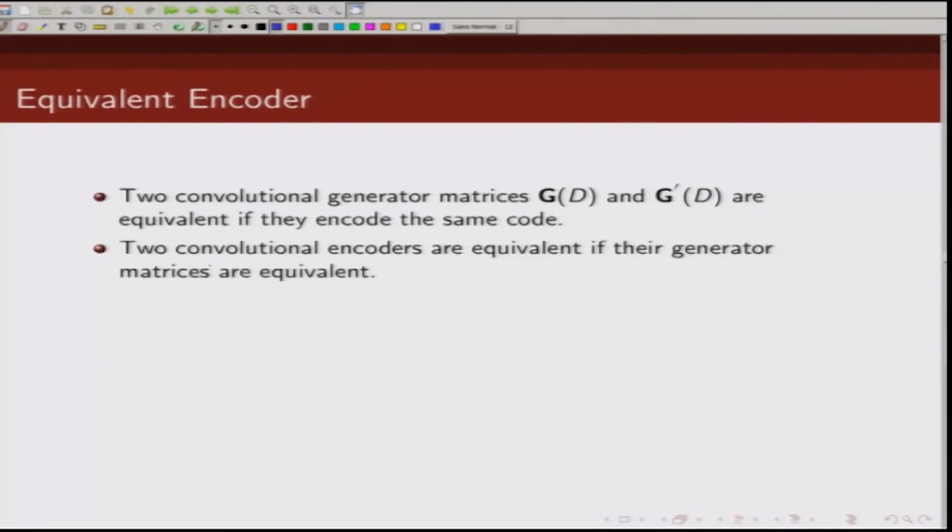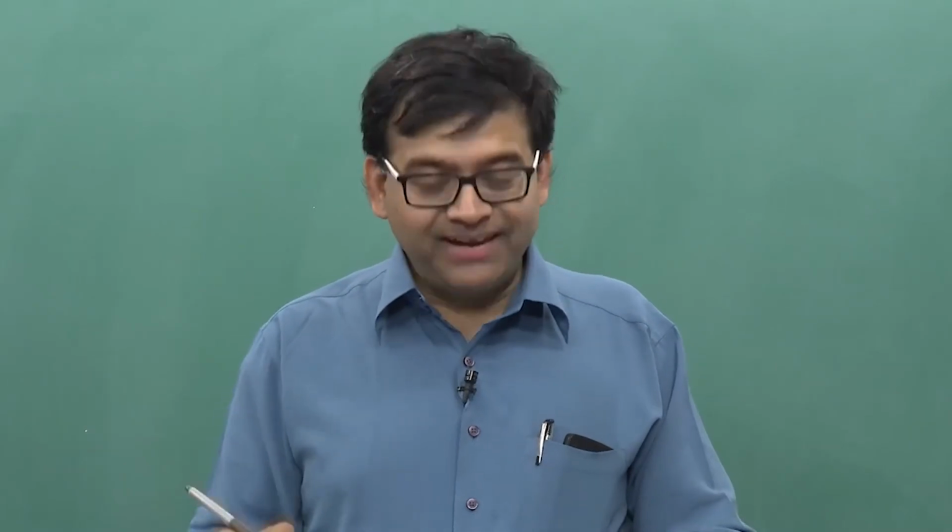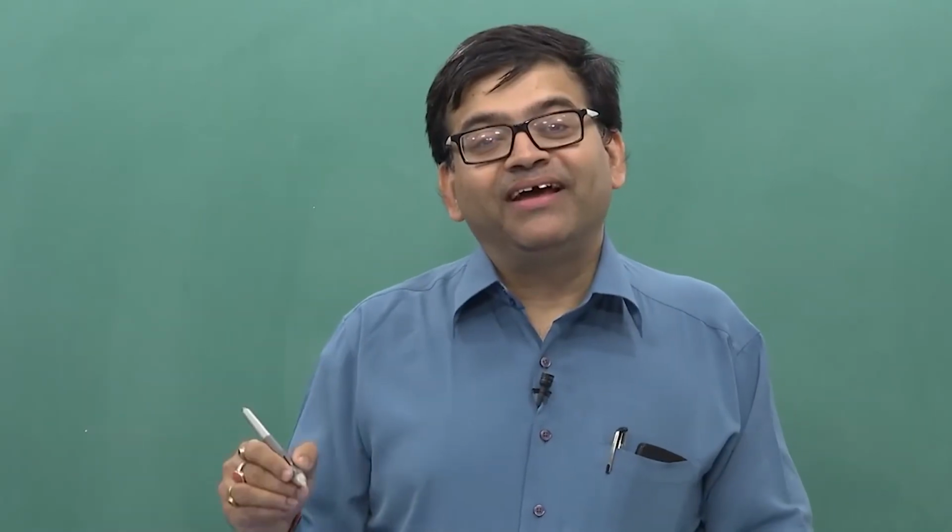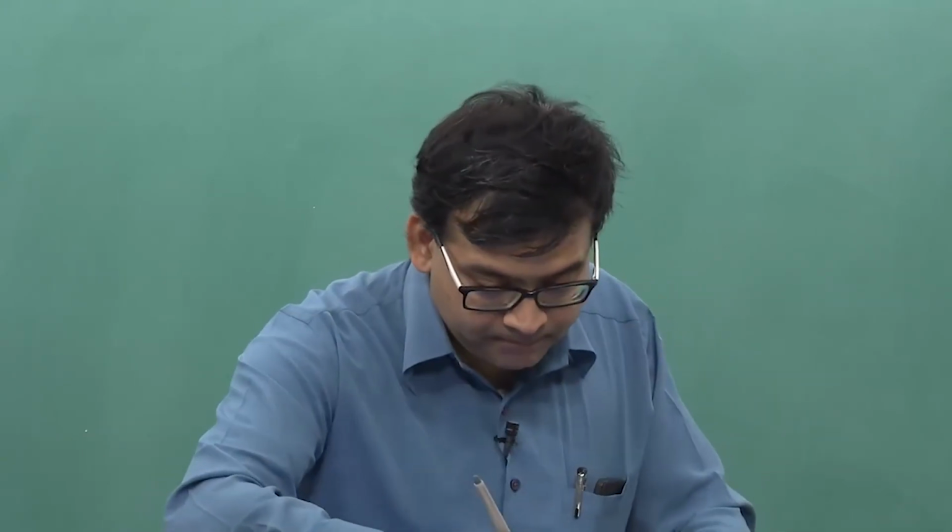Now, we say two convolutional encoders are equivalent if their generator matrices are equivalent. In other words, if their generator matrices encode the same code, then we say the two convolutional encoders are equivalent.